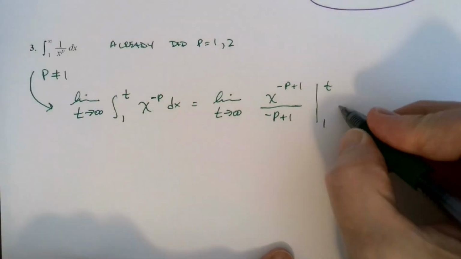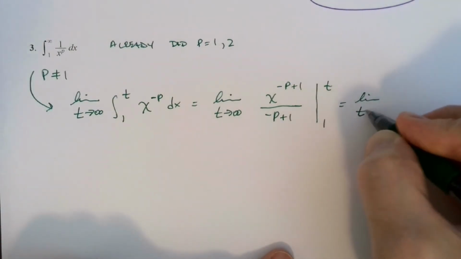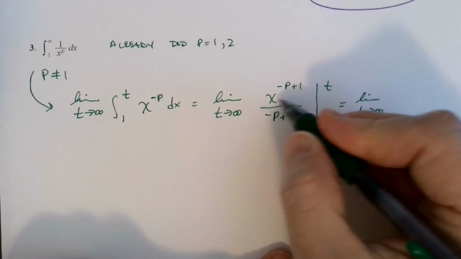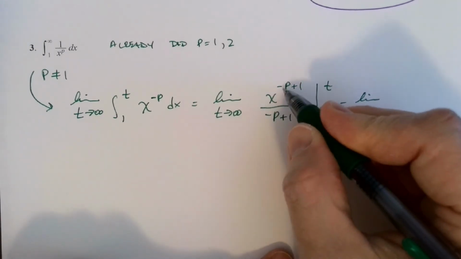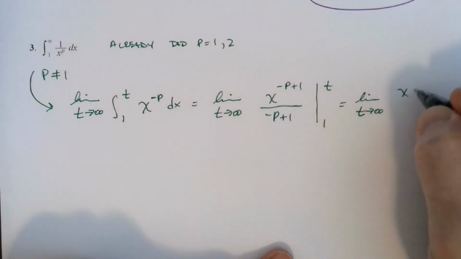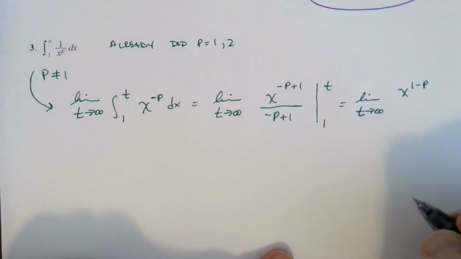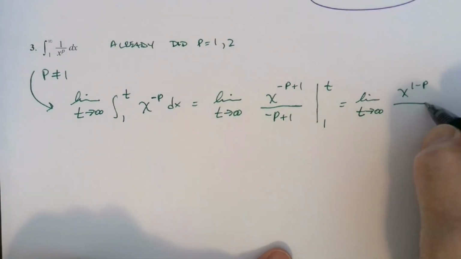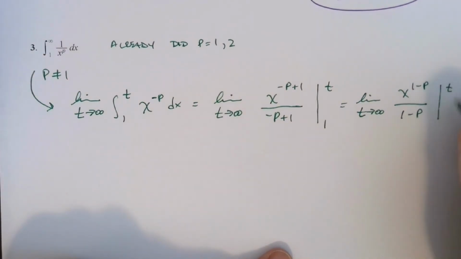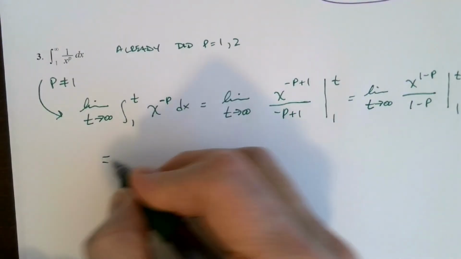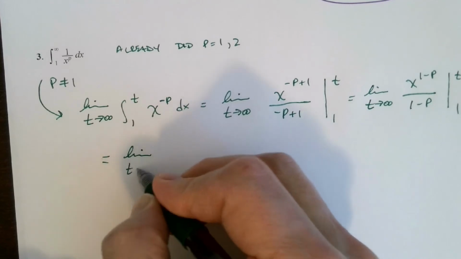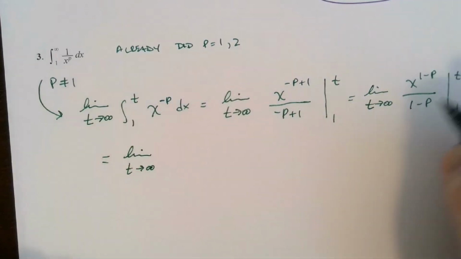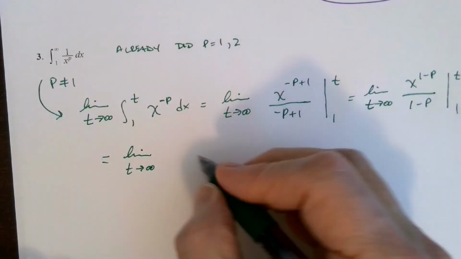I want to clean this up a little bit. The limit as t approaches infinity, before I evaluate, x to the negative p plus 1, is that the same as x to the 1 minus p? Yeah. Negative p plus 1, 1 minus p. So let's just do it that way. And now let's evaluate this. At t, I replace x with t. And let me pull the 1 over 1 minus p out.